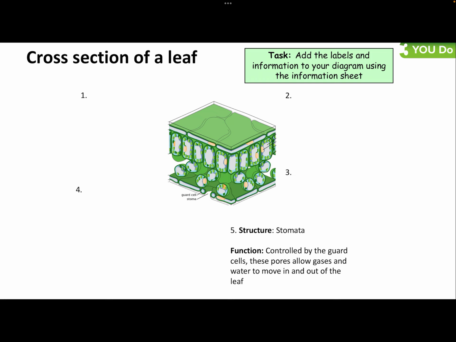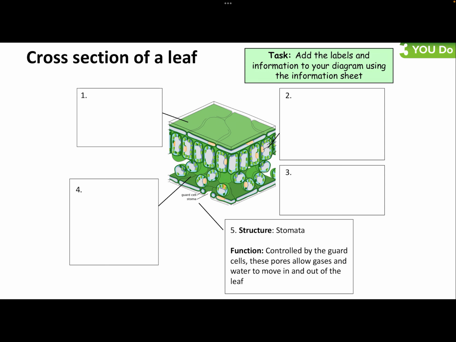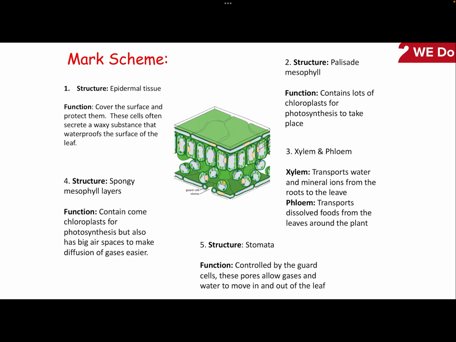And you're expected to know what each of these sections represent. So you have the waxy cuticle at the top of the leaf, and the waxy cuticle's job is to ensure that one, microbes don't enter and cause disease of the leaf, and two, to reduce water loss from the plant.